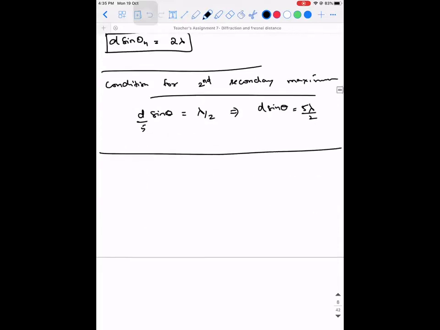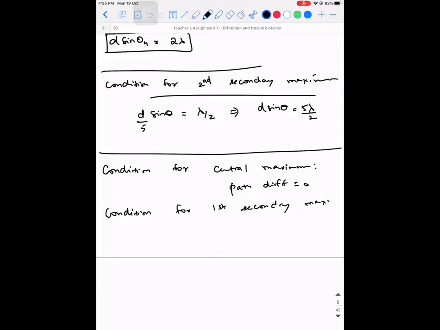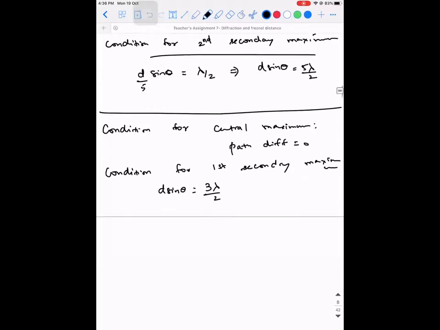So, if I conclude everything, now observe. Condition for central maximum, path difference is 0. Condition for first secondary maximum, d sine theta is equal to 3 lambda by 2.